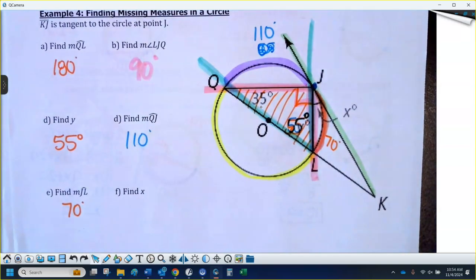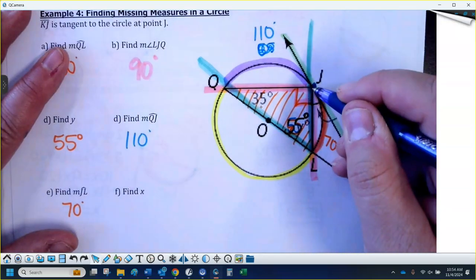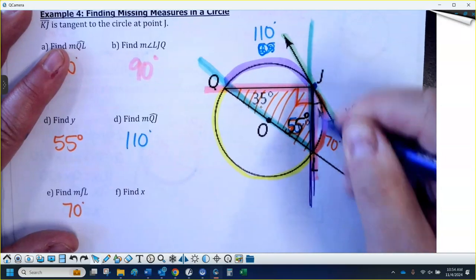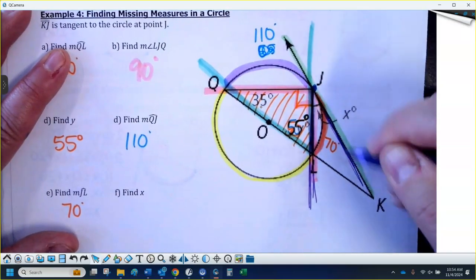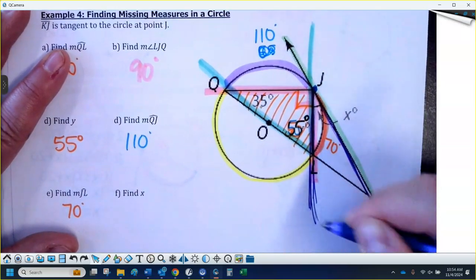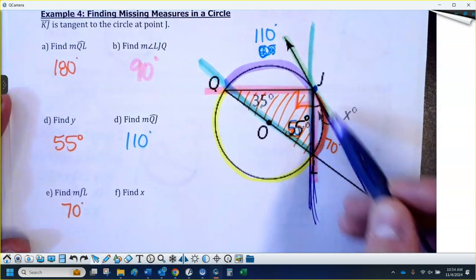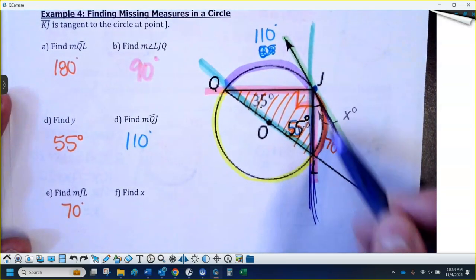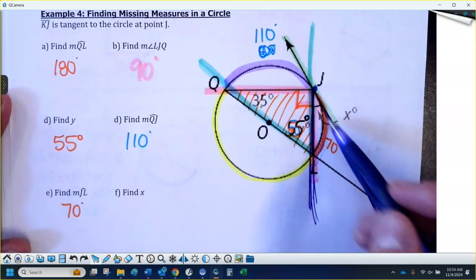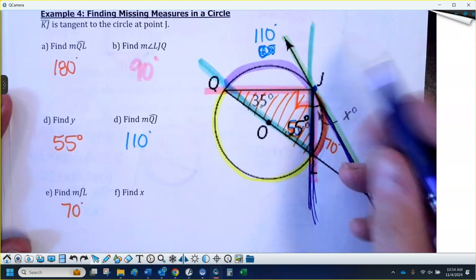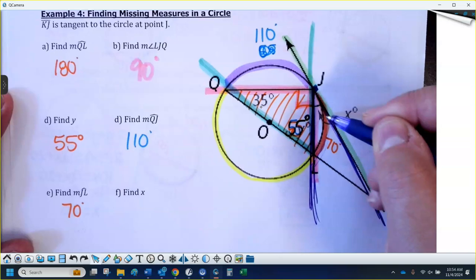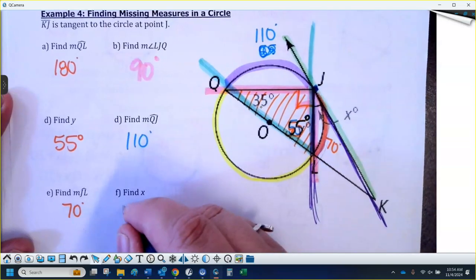And then the last thing is to find X. And I have really garbaged this diagram up. Okay, here's X. I'm just going to highlight that just a little bit with my pen. Now, that intercepts this 70-degree arc. If the arc is 70, the vertex is on the circle where the X is at, you just cut that in half.